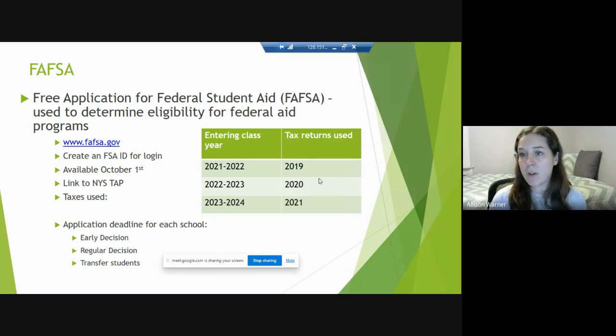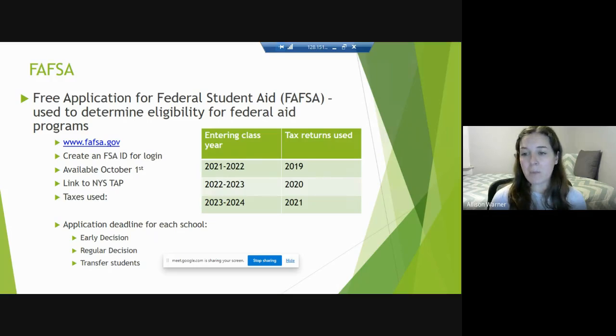This aid includes the federal Pell Grant, the federal subsidized and unsubsidized loans, federal work study, and the federal TEACH grant. And that's just to name a few. There are other federal funding options as well. The FAFSA is also required to be submitted if a student's parent wants to apply for a federal Parent Plus loan.